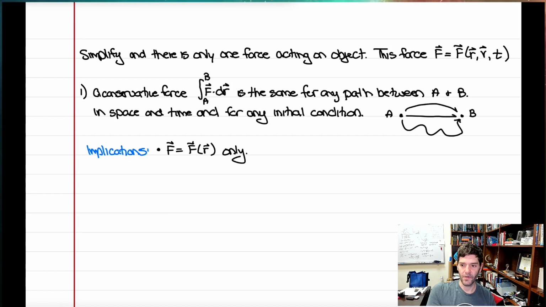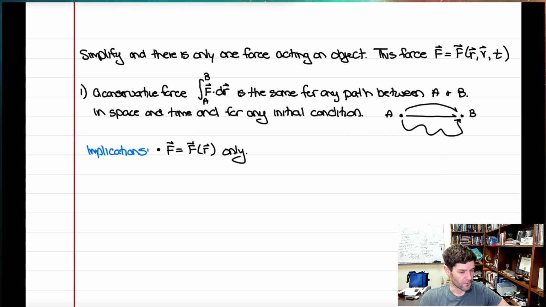If you go from A to B and you start moving really fast, you're going to feel more air resistance. Or if you start moving really slow, you're going to feel less air resistance. How much work gets done, which then tells you how much your kinetic energy has changed, will depend on your initial conditions. So that requirement rules out any dependence on velocity.